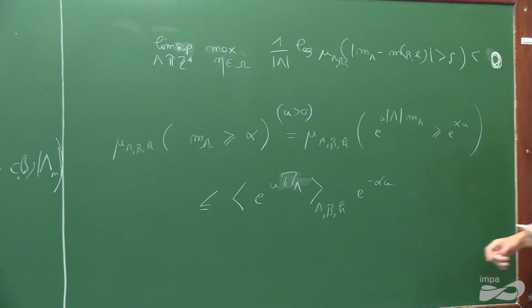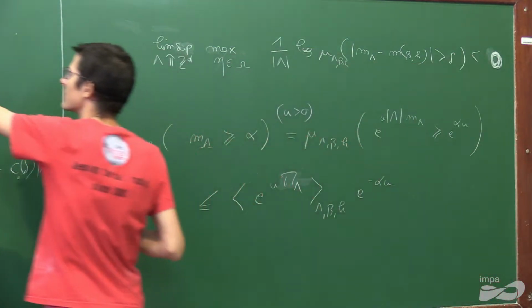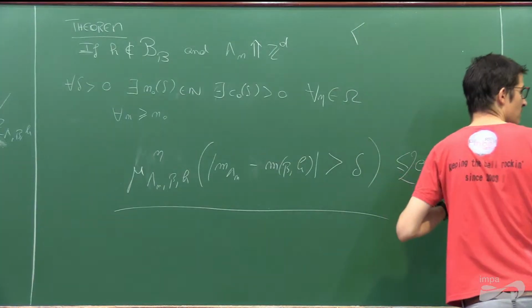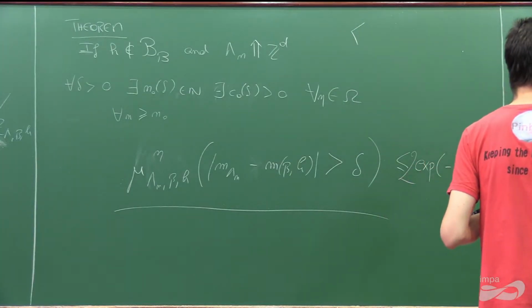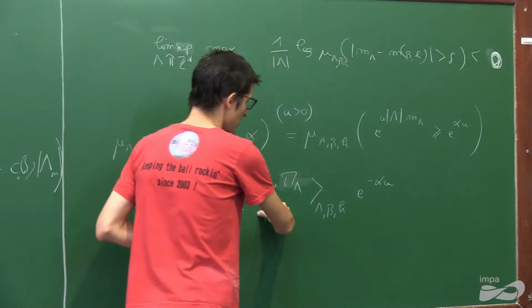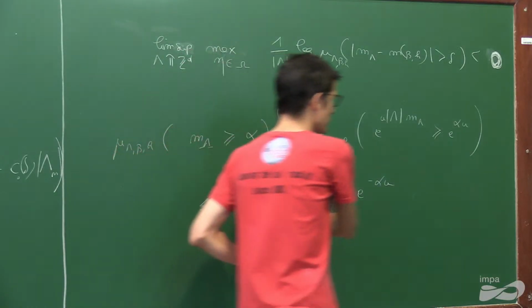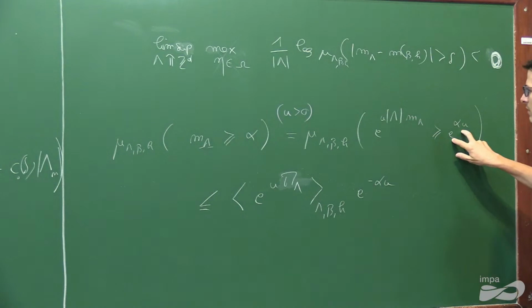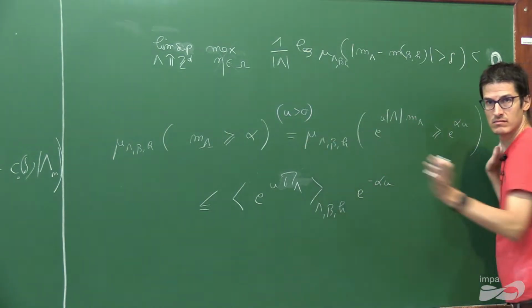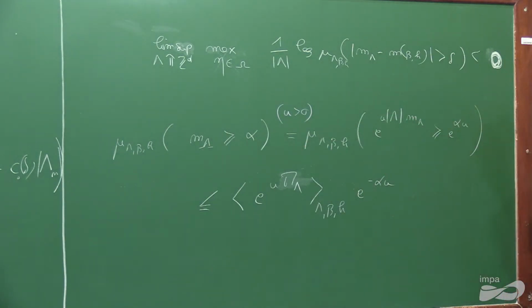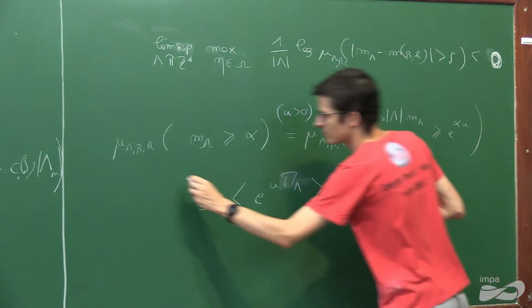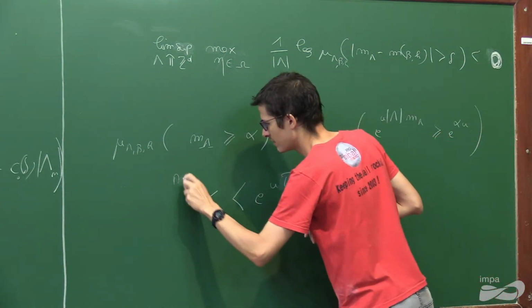This is because the average here is always larger than exponential alpha u times this probability. This is what is called the Markov inequality.